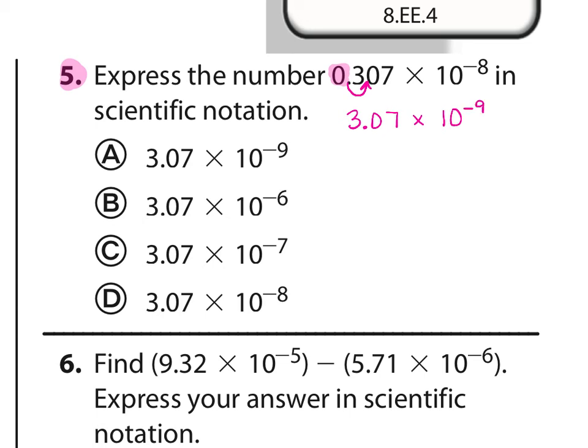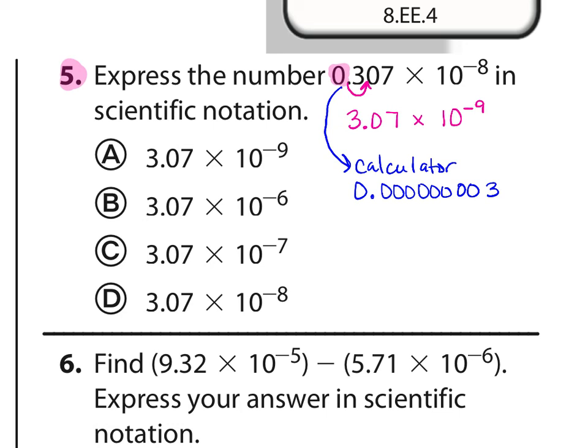But I could check it. Here's what I would probably do if I were working it out and I just wanted to be sure, because this is not a complicated problem to go to your calculator. I'm just going to go to my calculator and type it in. So I'm going to type in 0.307 times 10 raised to the negative 8th power, and I get this decimal, 0.00000000 followed by a 3.